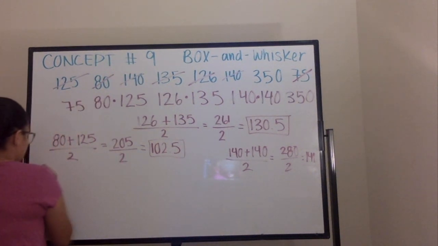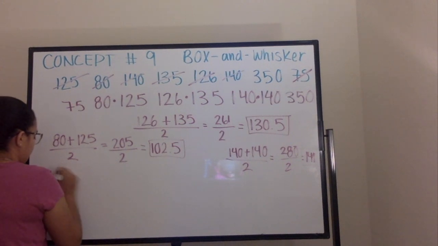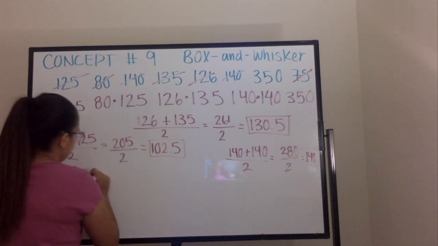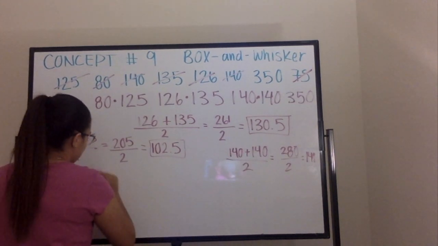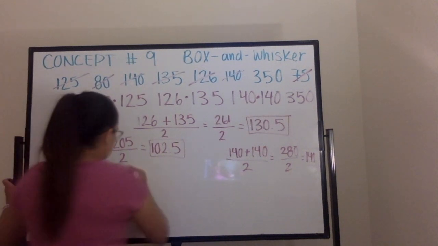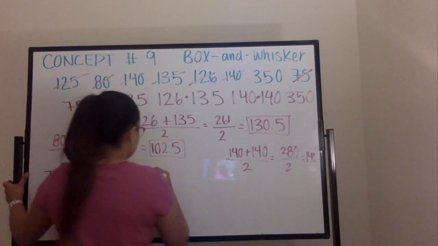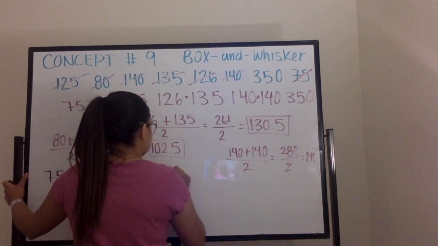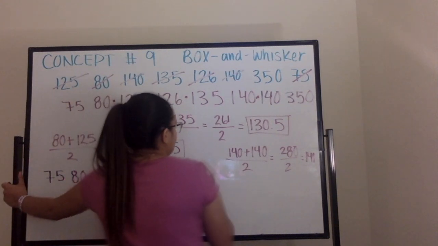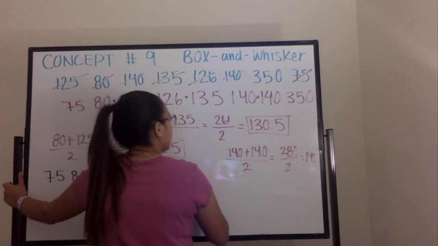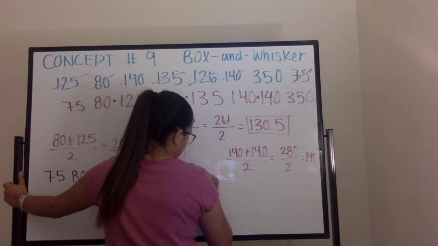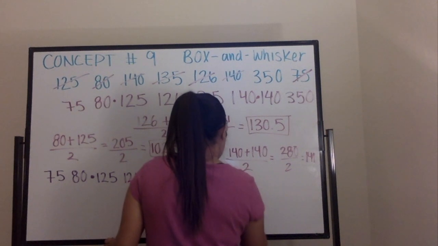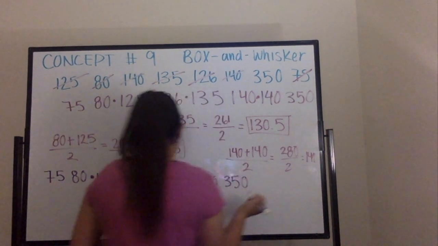So we have 75 at our minimum, 80, our dot right here, 125, 126, our median right here, 135 begins our maximum, 140, our dot right here, 140, and 350 ends our maximum.